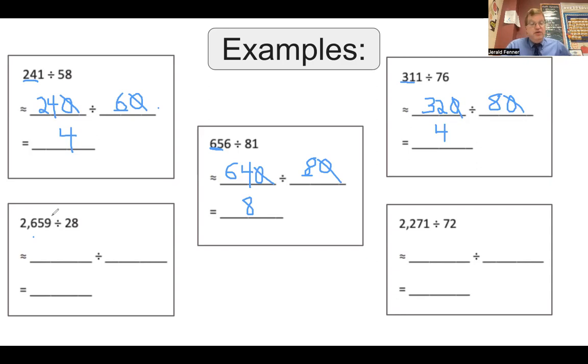Moving over here to our next problem, we will have only completed 4 problems, and we really would need to complete 25 to master it. So we're just on the tip of the iceberg here. What do we do first? Always round the divisor first. The divisor is 28, so that's going to round to 30.